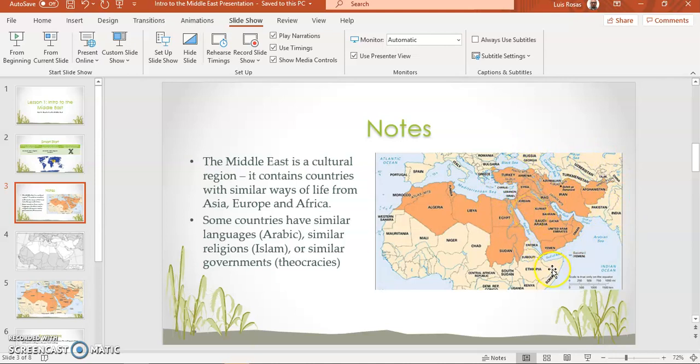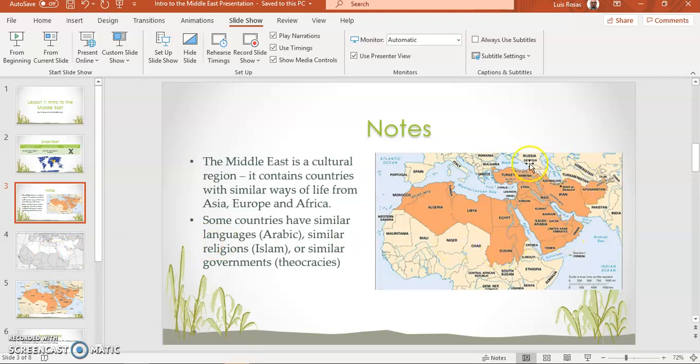There are some places that will consider Somalia part of the Middle East. There are some places that will not consider Afghanistan or Iran part of the Middle East. There are some places that won't consider Turkey part of the Middle East. You could do a search for maps of the Middle East, and you will find different people's interpretations of the Middle East. Does that make sense?